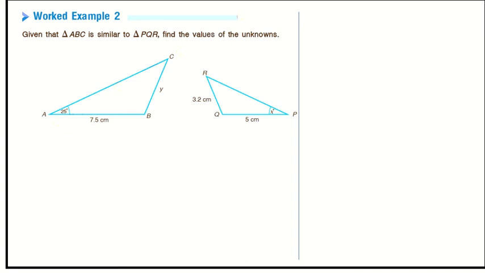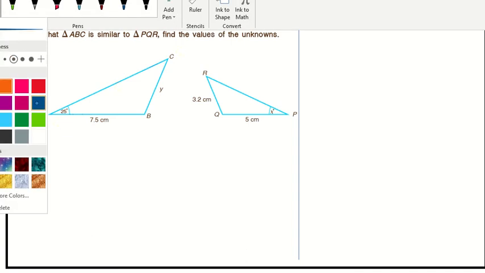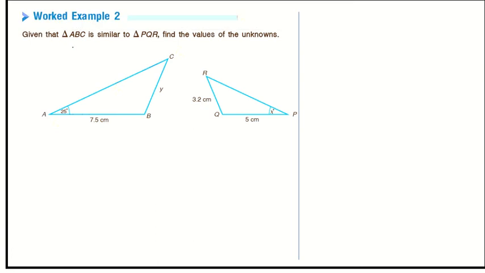Given that triangle ABC is similar to triangle PQR, find the values of the unknowns. Okay? Now, for this question, we see that these two triangles are similar.